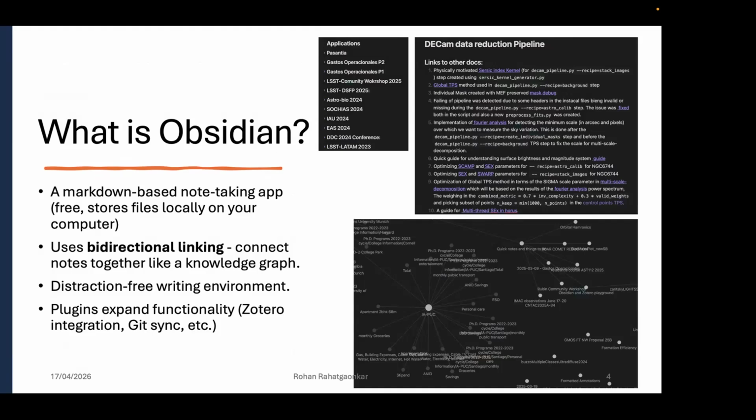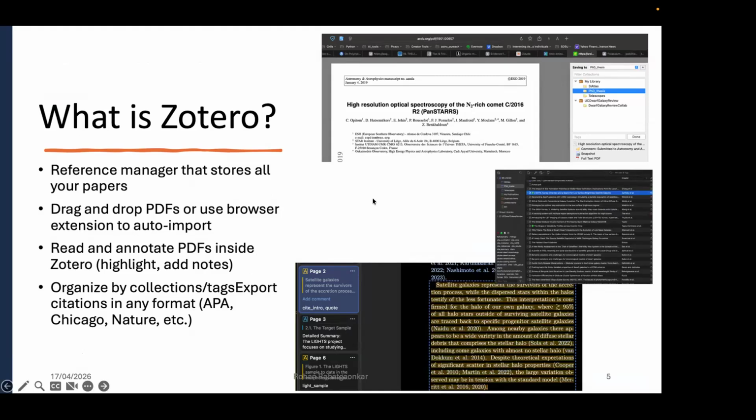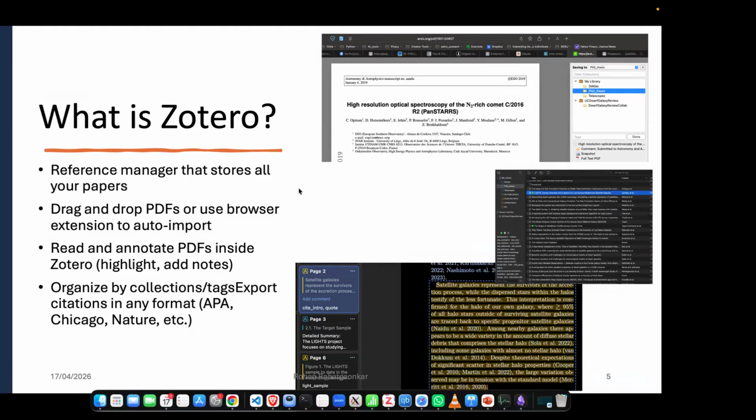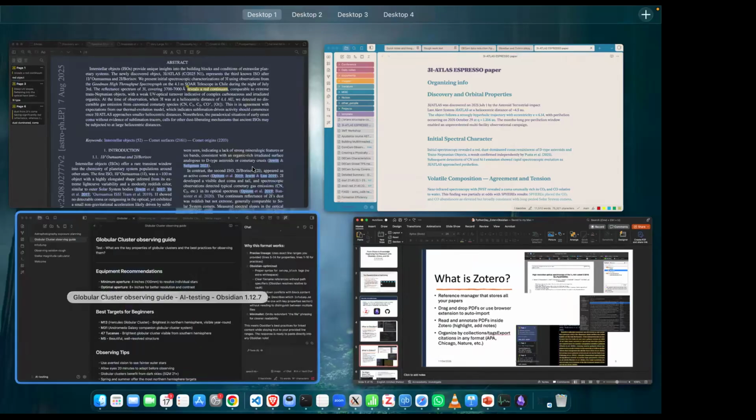So what is Zotero? It's one of the reasons, if you're using Mendeley or something, I would say if you want to use Obsidian in the system, you would switch to Zotero. And I can show what Zotero is.